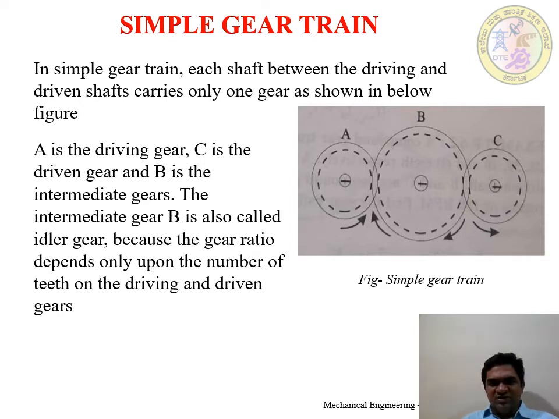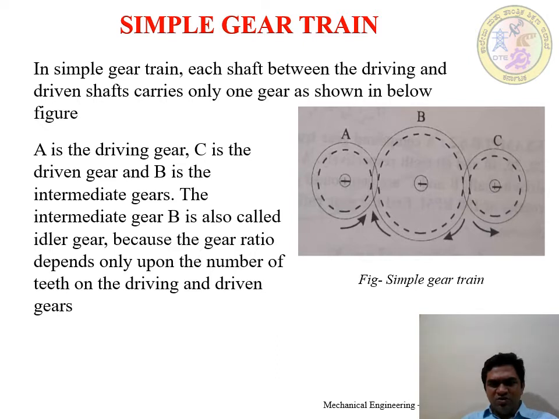This is the diagram which represents a simple gear train, where A represents the driving gear and C represents the driven gear, whereas B represents the intermediate gear, which is also called the idler gear.